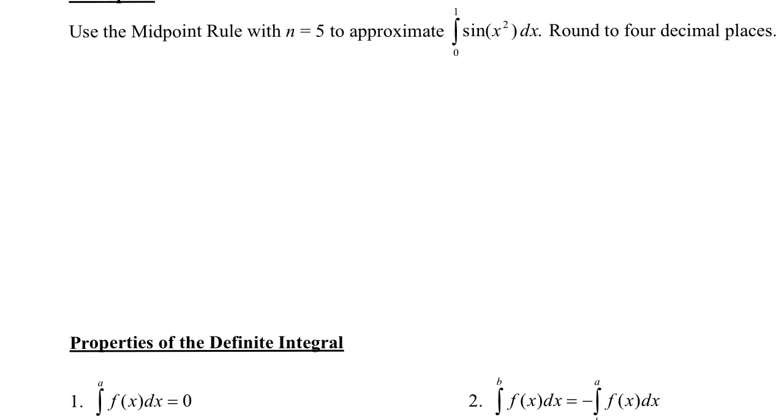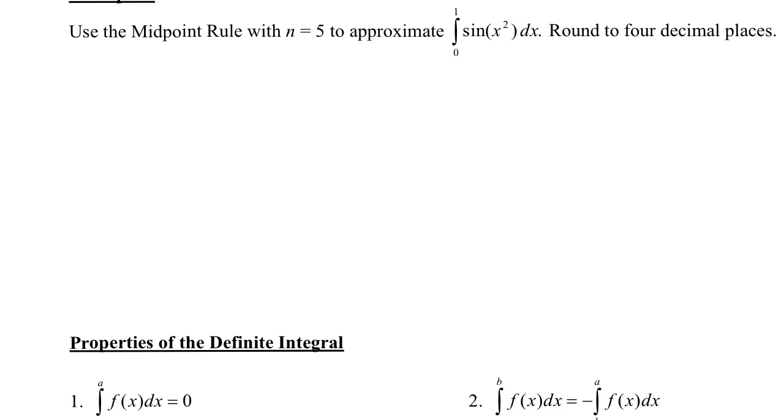And next semester in Calc 2, you'll learn more ways to approximate this, because the sad news is most integrals, if you just randomly make up an integral, there's not going to be what's called a closed form solution. So you're going to have to approximate most integrals that you actually run into in reality.